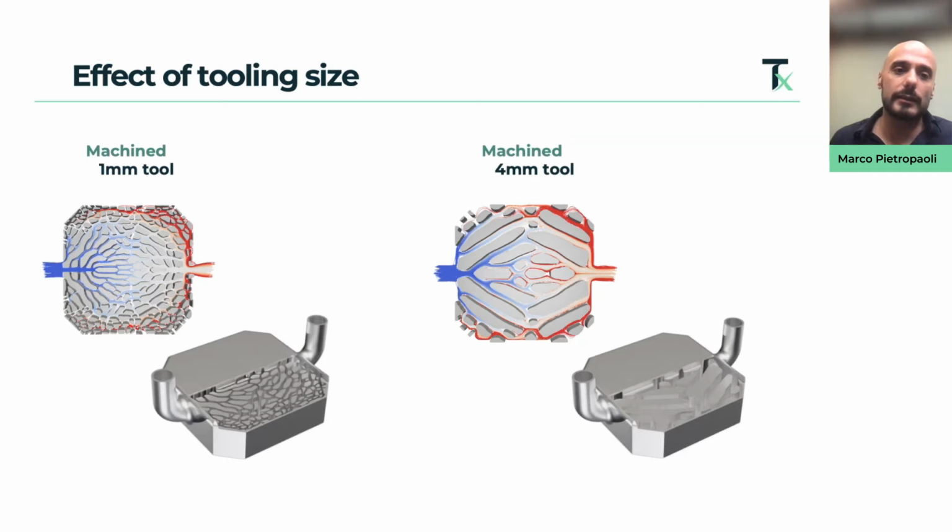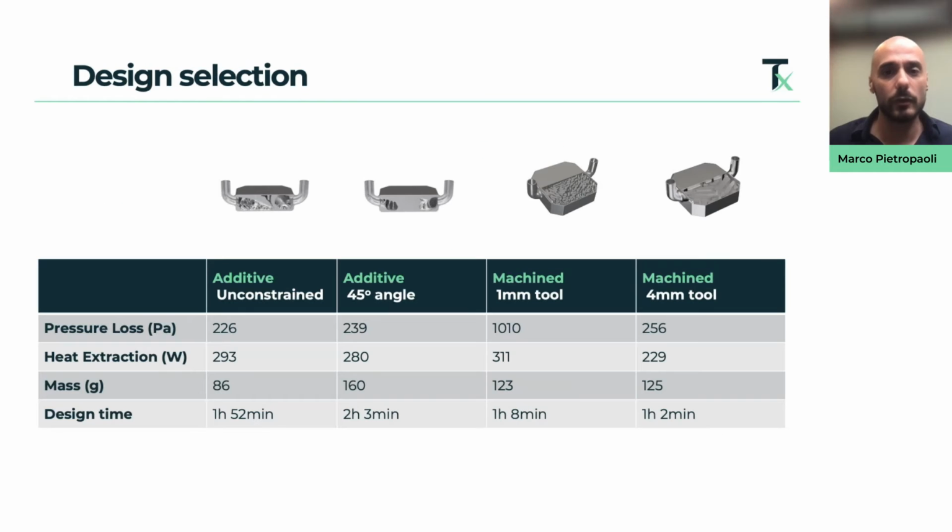And even within the more traditional manufacturing techniques, you can play with more specific manufacturing constraints, for example, the machining tool size. And here a comparison, but I will show much more during the live demo.